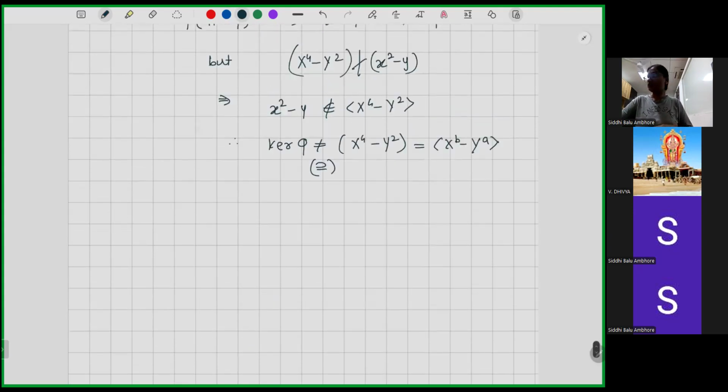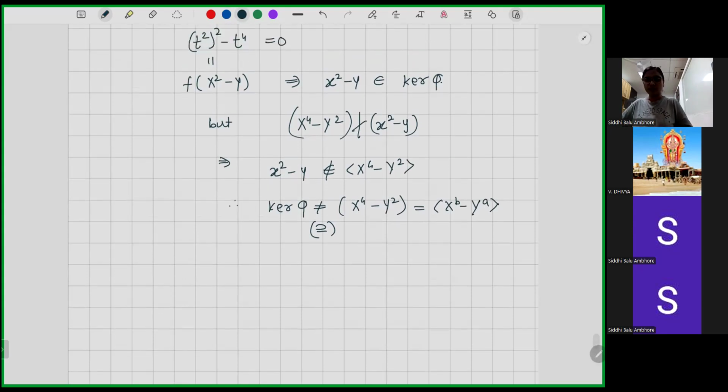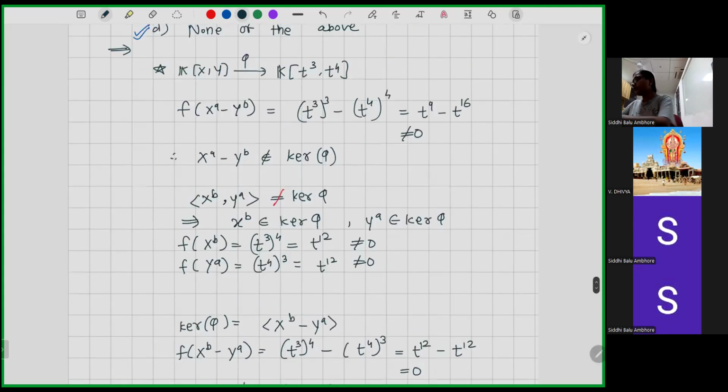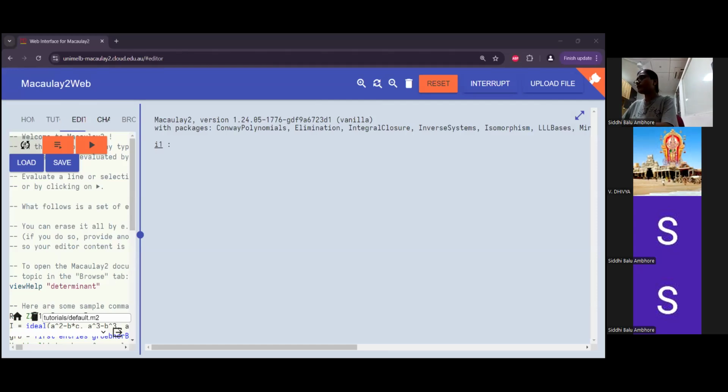Okay. So let us see the kernel of this map in Macaulay2 once, so that we can see how the kernel looks for different a and b for this map. Okay, we will define a few maps. Just let me share the screen. Okay, so I hope you can see the screen.